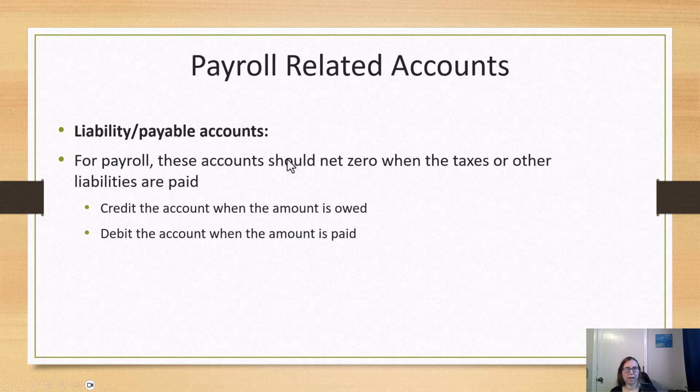And then for liability payable accounts, I just want to mention also that these accounts should zero out when the taxes are paid. So you're crediting the account when something is owed, and you are debiting the account when it's paid, and the net effect should be zero.